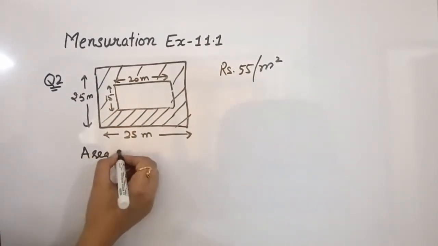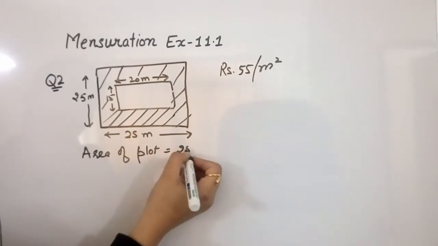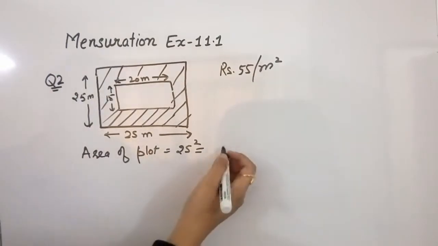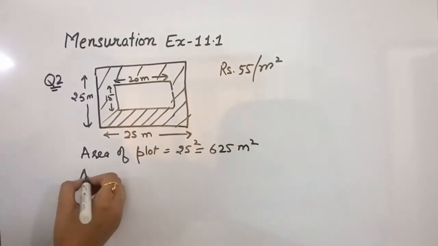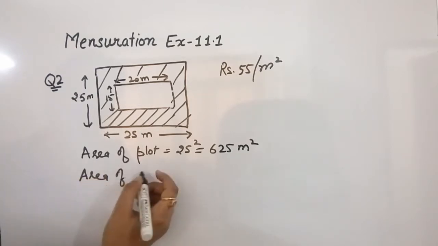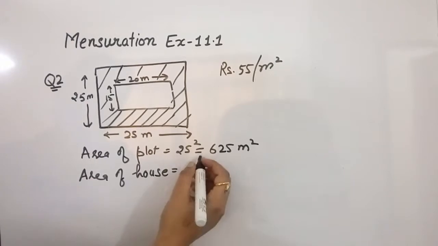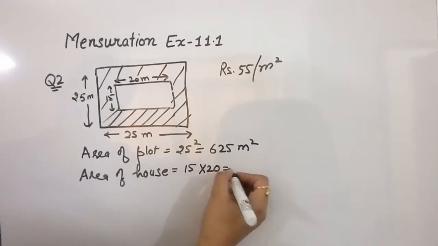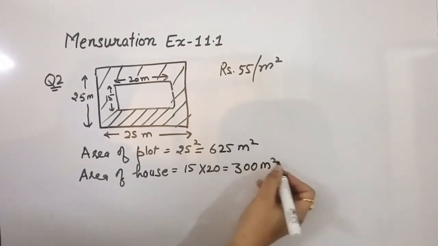Area of plot, square plot, is 25 square, because area of square is side square. This is 625 meter square. And area of house is 15, length into breadth, 15 into 20, that is 300 meter square.